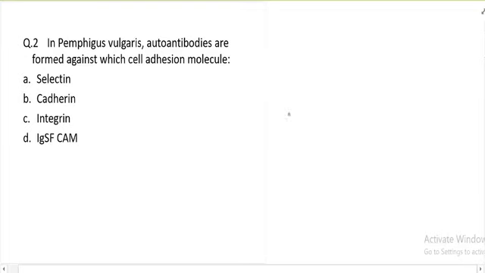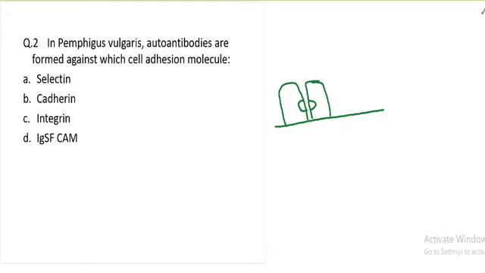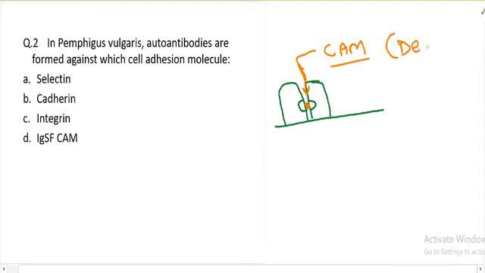To solve this question, we need to understand this is the basement membrane, this is the cell, this is another cell, and in between cells we have desmosomes present, and this is cell adhesion molecule. The cell adhesion molecule for desmosome, it is cadherin.